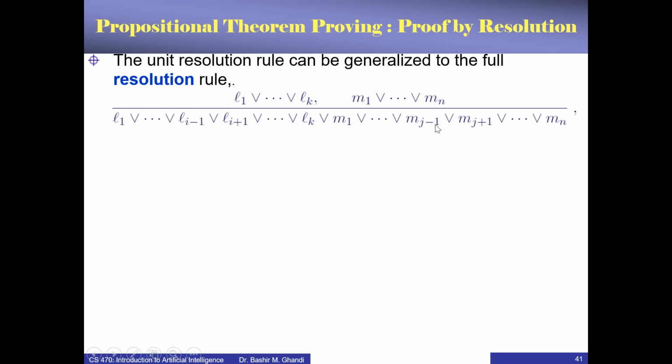So Mj minus 1, skip the Mj and start from Mj plus 1 and so on until Mn. This is basically what the resolution rule is about, where Li and Mj are complementary literals. This is the only condition for you to be able to eliminate them.